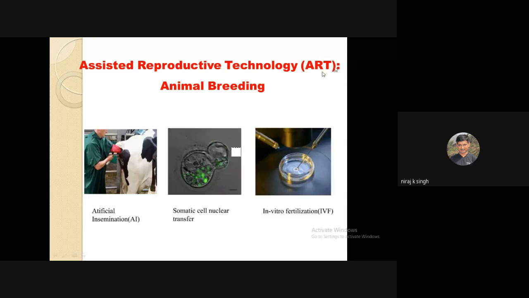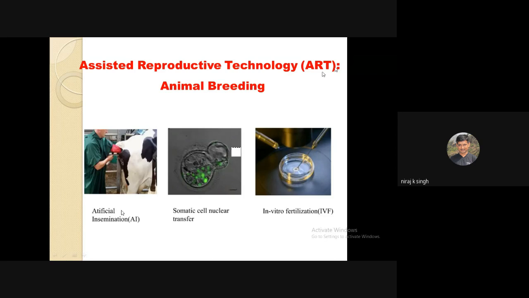With the help of animal assisted reproductive technology, we can cut down the animal reproduction time or animal selection process, and lower down the time required for animal genetic improvement. These animal ART techniques are artificial insemination, OPU, IVF, and somatic cell nuclear transfer.